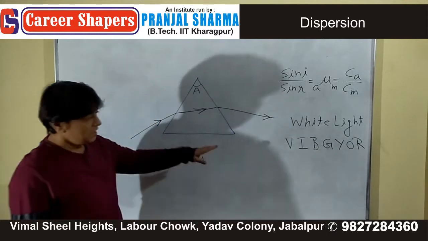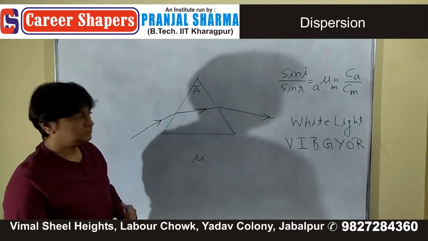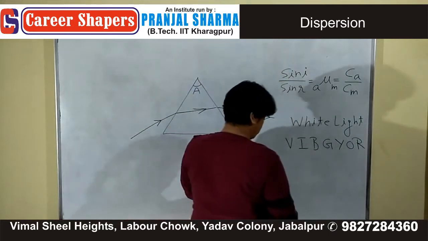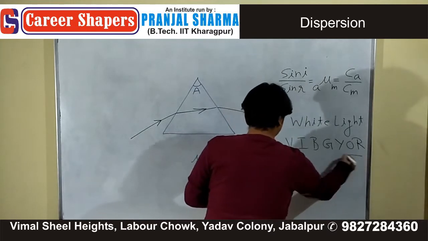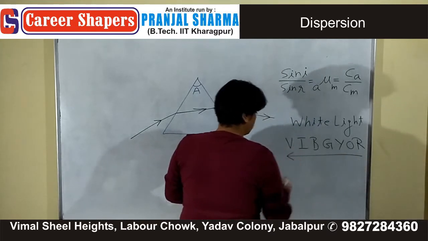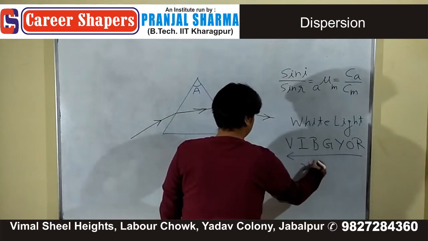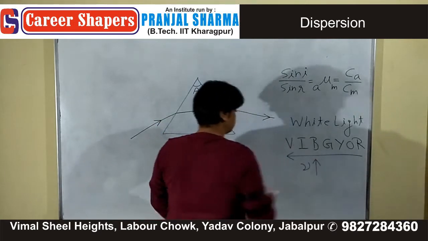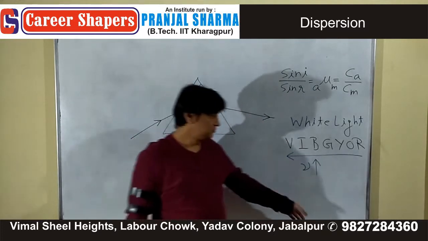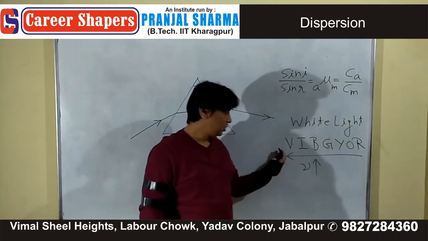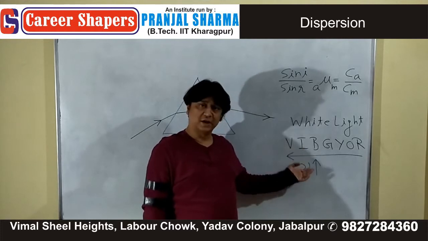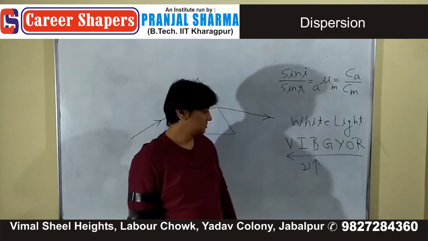Now, in this wave, I hope you know that as you move from red to violet, frequency, let's represent it with nu, increases. As you move from red to violet, frequency of color increases.